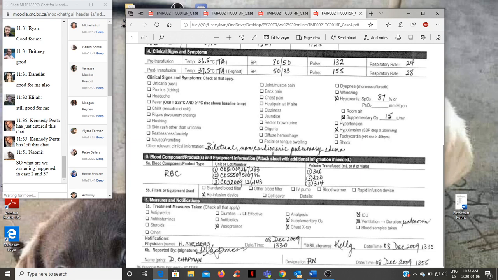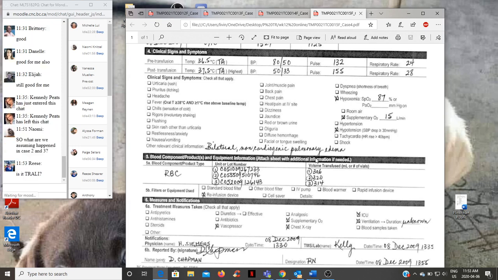Good question, just checking the chat. We actually aren't assuming anything happened in case 2 and 3. It's just asking you if you would do a primary exam. We're not talking about the results of the primary exam, just if you would do one. And that's as far as we're going.